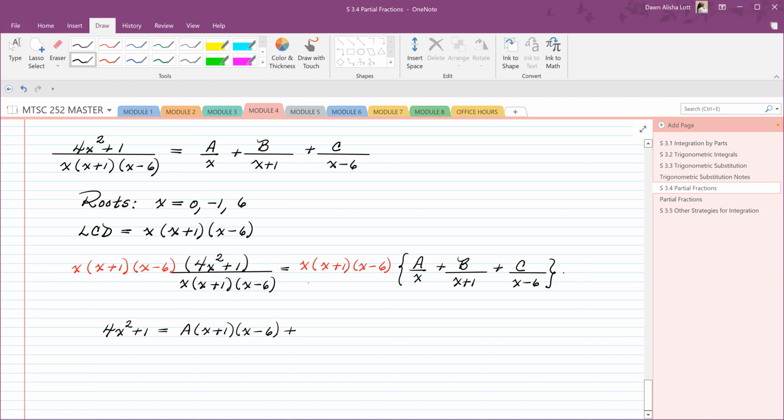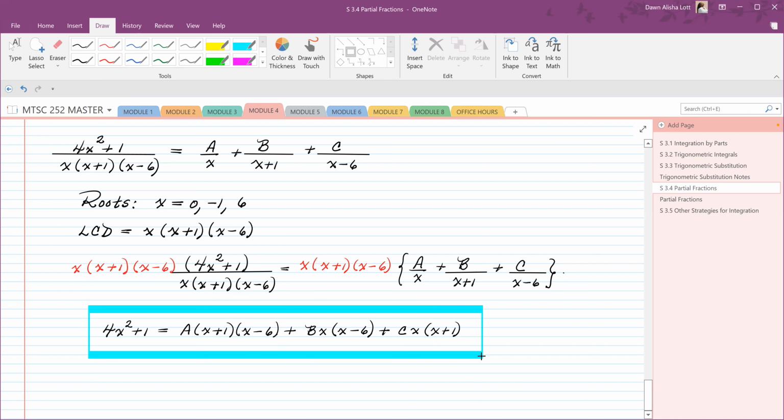Plus B times x times (x minus 6). Good. Plus C times x times (x plus 1). Awesome. Thank you. Okay, so that major equation right there is going to help you solve for A, B, and C.